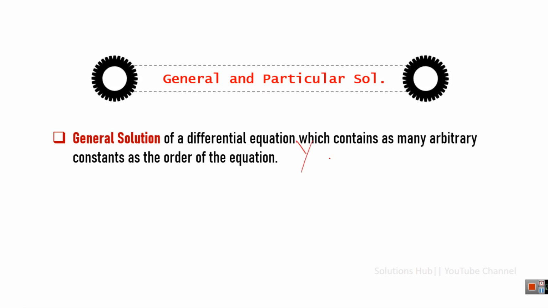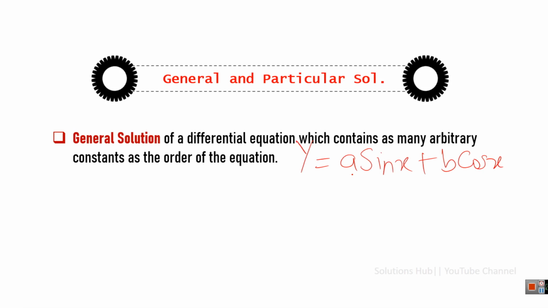You have seen our example, that is y is equal to a sin x plus b cos x. Let's take that example again. Here a and b are arbitrary constants, and this particular relation is called a general solution. So general solution of a differential equation means an equation that has some arbitrary constants, like we have a and b here.